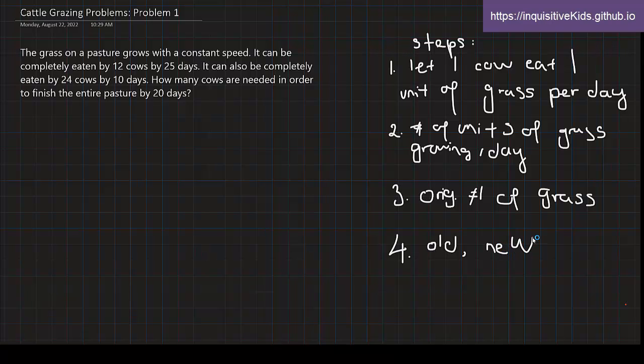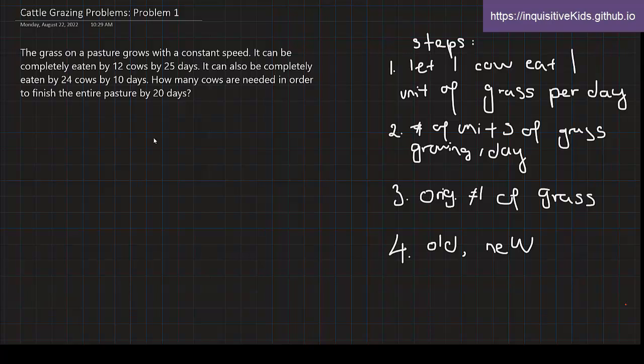The first step is to let one cow eat 1 unit of grass in 1 day. Our second step is to find the number of units of grass grown per day. Our number 3 is to find the original amount of grass. So what it means is the original amount of grass is how much grass there is when you start eating, before there's any new ones growing in.